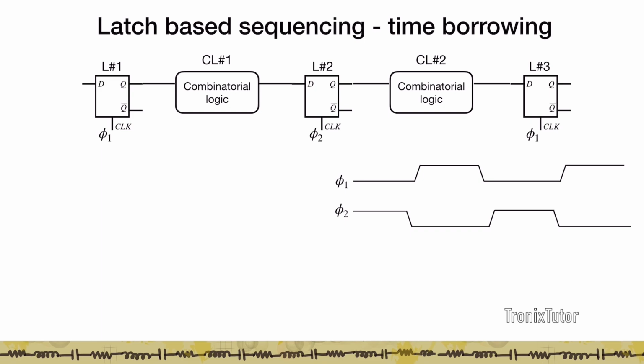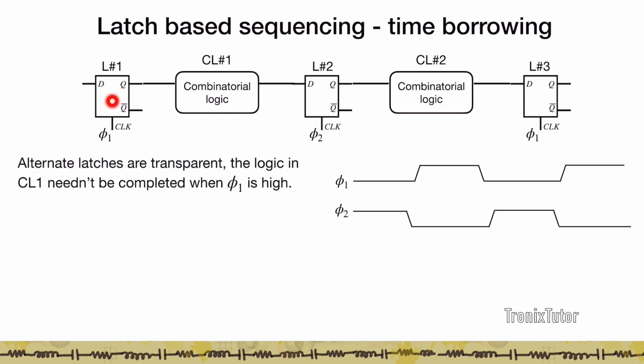Now this latch based sequencing provides an additional advantage of what is known as time borrowing. Remember, in the way we have sequenced these latches, alternate latches open up during a clock. Because this is not gating, I can take longer on CL2 for CL1 to process, because eventually I need the total time from CL1 and CL2 to be such that D is ready.